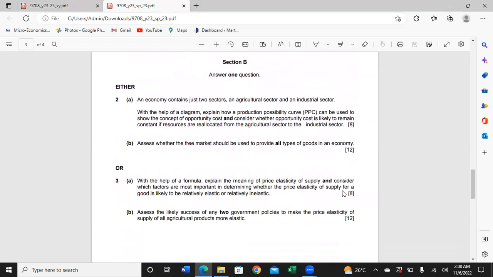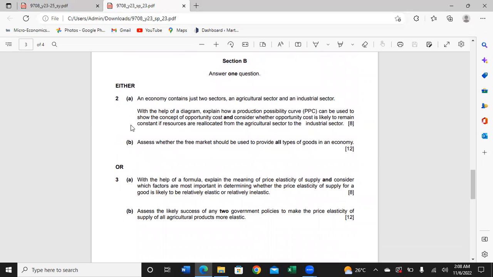Now section B, answer 1 question, either/or. An economy contains just 2 sectors, an agriculture sector and an industrial sector. With the help of a diagram, explain how a PPC can be used to show the concept of opportunity cost, and consider whether opportunity cost is likely to remain constant if resources are reallocated from the agricultural sector to the industrial sector.